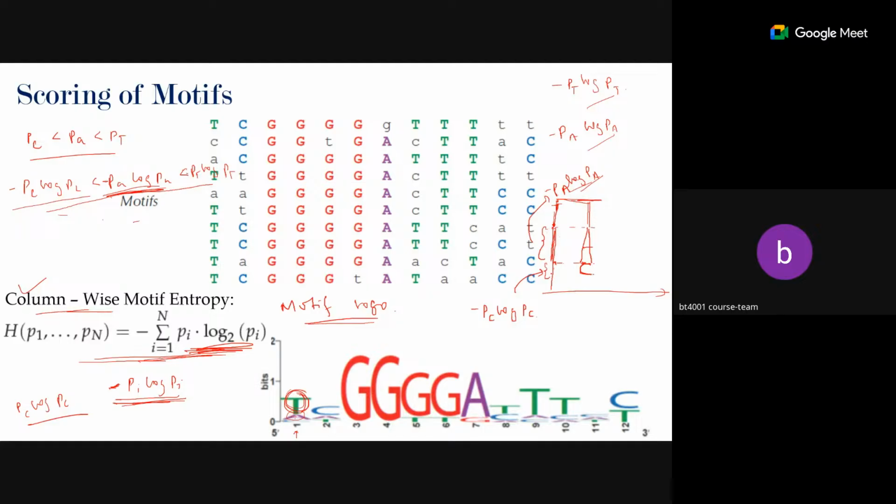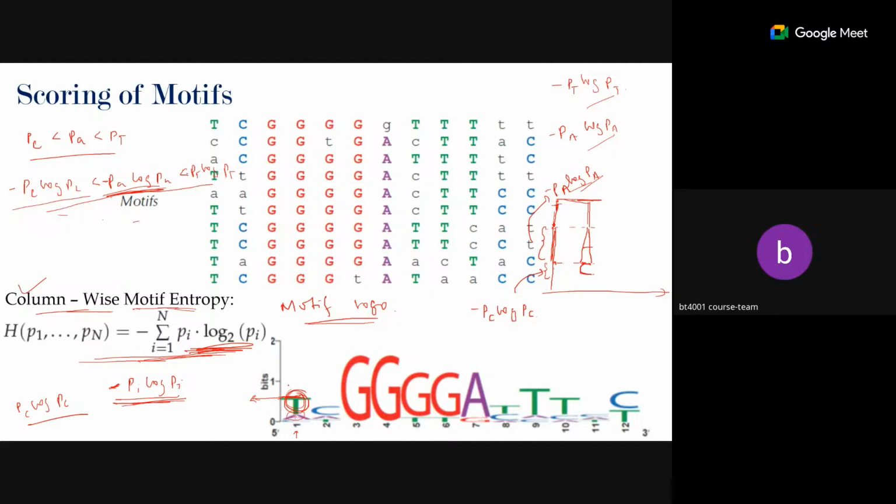So when we add these values, what do we get from the formula? As we already discussed, we get the motif entropy at that particular position. So in this motif logo, the total height or maximum height of the nucleotides at a position gives us the motif entropy.